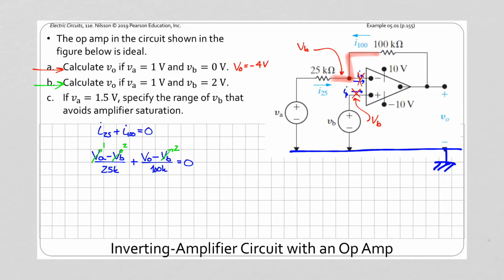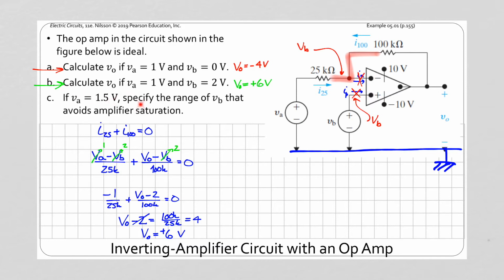And so we can do some algebra and solve again for VO. Here we can simplify, and then we'll move the 2 over, and we find that VO is equal to positive 6 volts in this case. Again, we check, plus 6 is between negative 10 and 10, so we are in the linear region still. So we're getting a reasonable value for Vout.